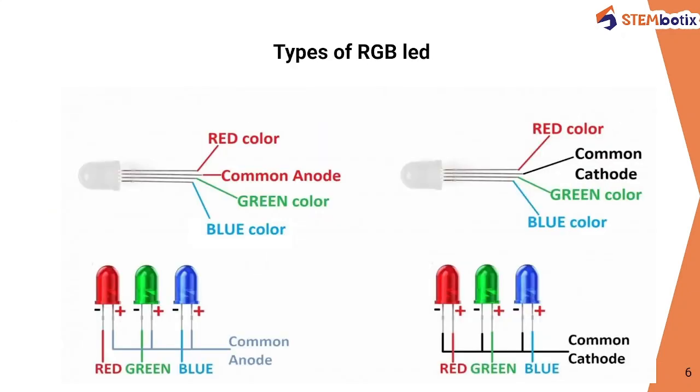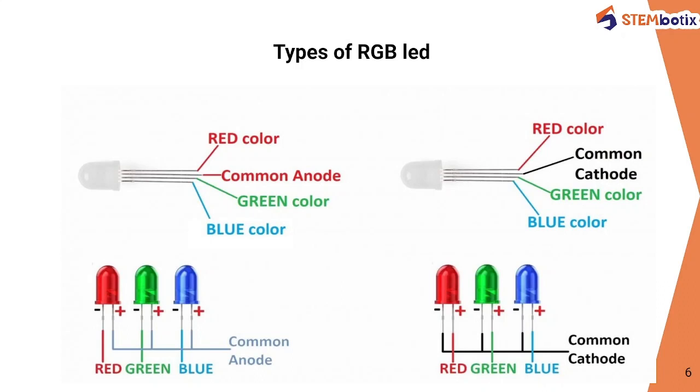Let's see what the types of RGB LED are. The RGB LED is a type of LED that can produce three main colors, as mentioned below: red, green and blue. In other words, it's a single LED that contains all three primary LEDs inside: one for red, one for green, and the last one for blue.